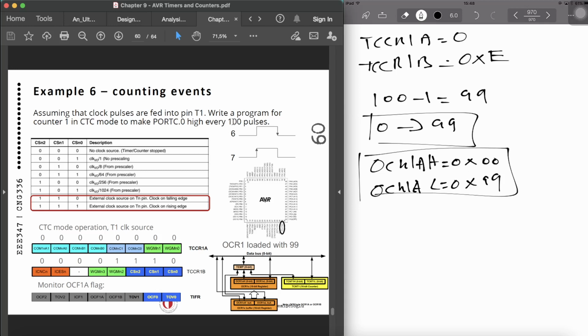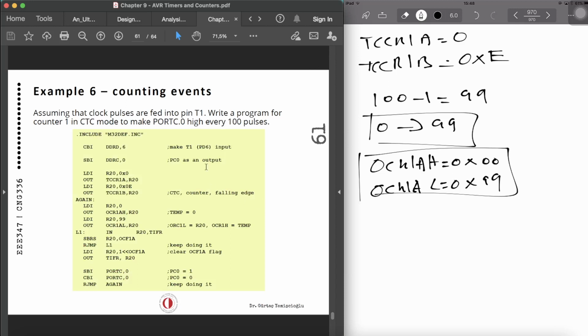So we just need to monitor the TIFR for a match, and if there's a match, we just do the operation. So we have to make T1 an input, which is the AVR port D pin 6. In order to make it an input, we just clear port D pin 6 to be 0.